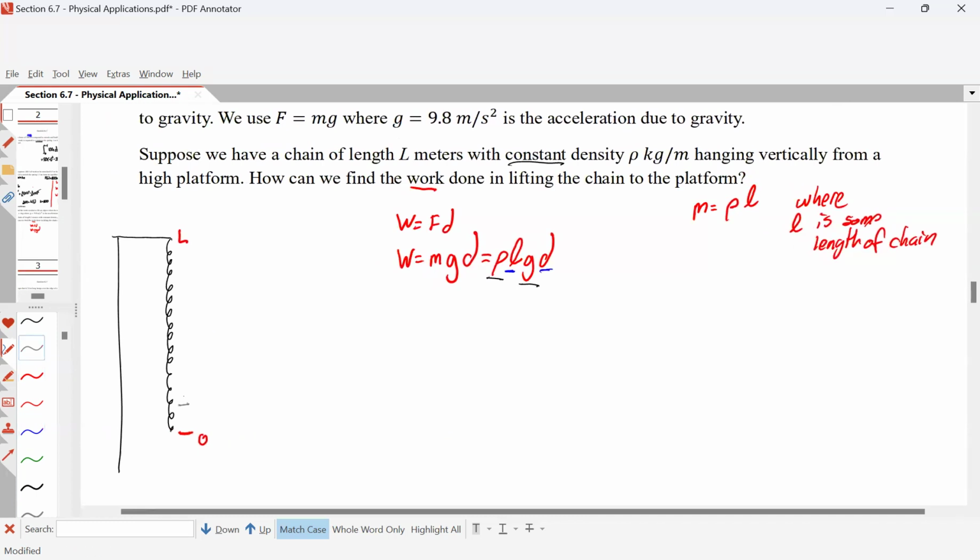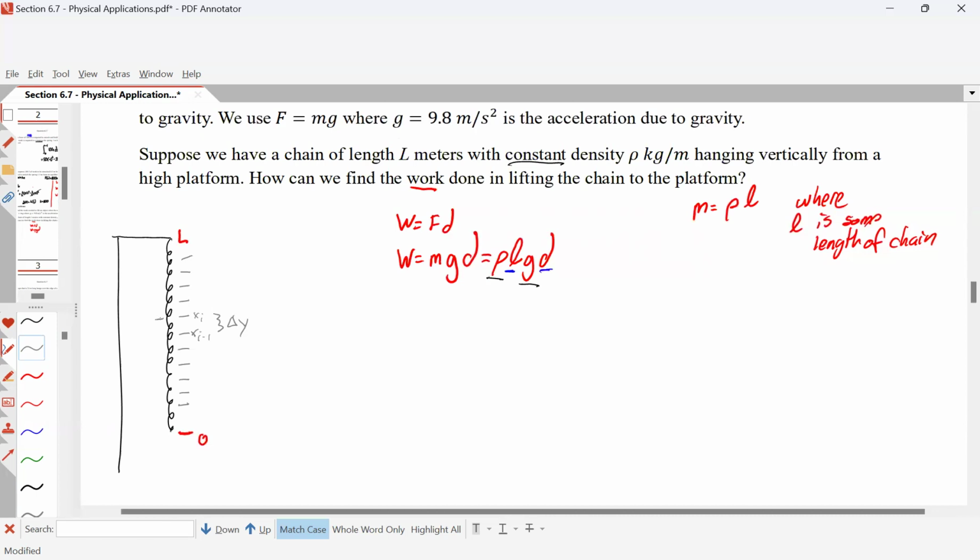So we're going to break up our chain and look at some tiny little piece of chain from xi minus 1 to xi. This has a vertical length of delta y.